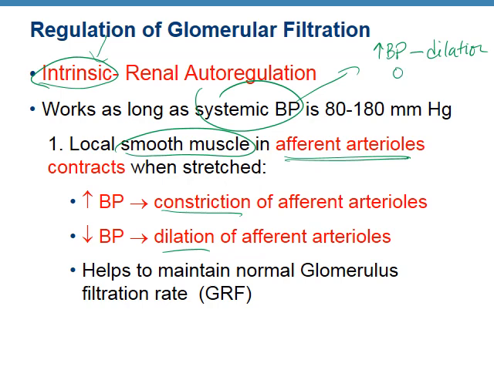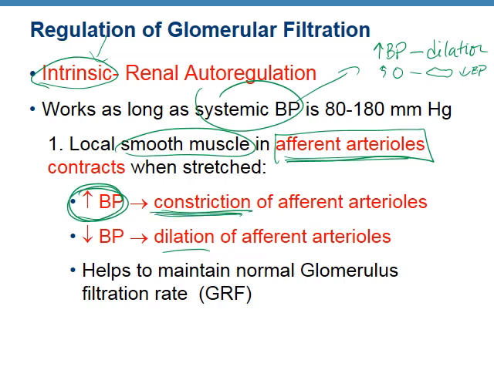We have high blood pressure, we're going to do dilation, and what's going to happen to the blood pressure? It's going to drop. This is different when we're talking inside the kidneys and we're talking about this afferent arteriole. It's the opposite. So if the blood pressure is high, we're going to constrict the afferent arteriole.